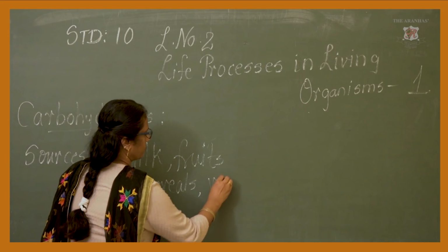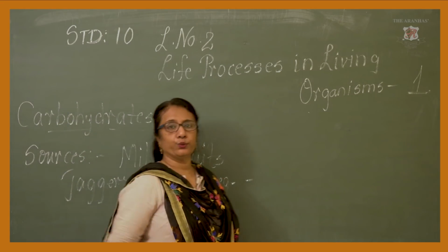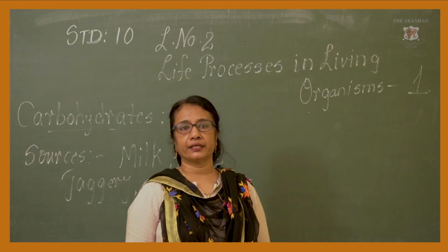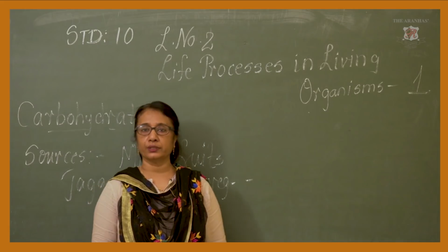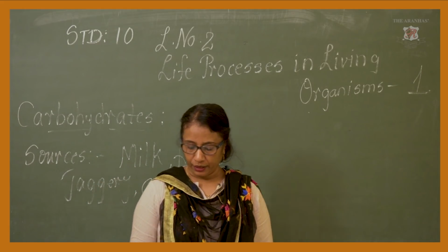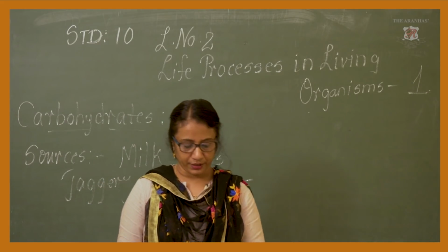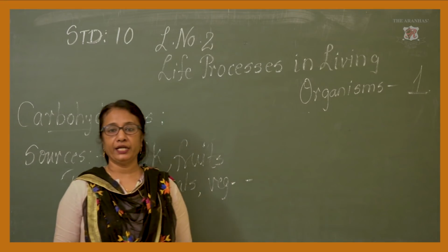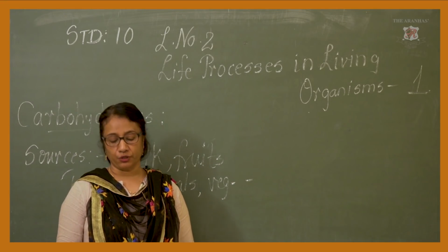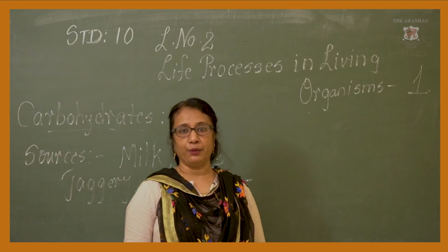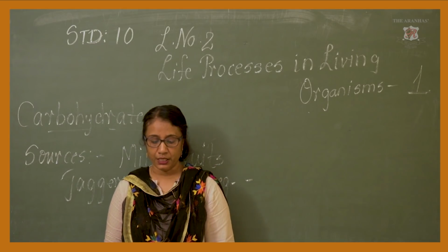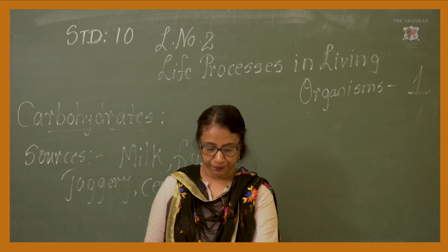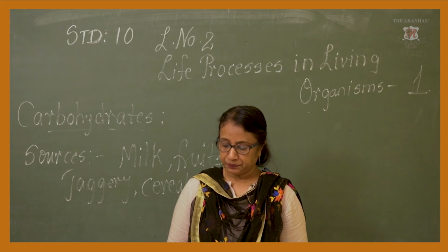Cereals and vegetables provide you with carbohydrates, which are necessary for the growth and development of your body. Carbohydrates provide 4 kilocalories of energy per gram. I hope it is clear to you.